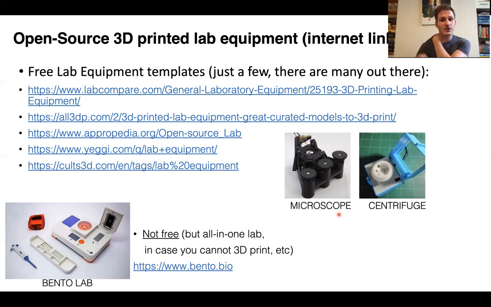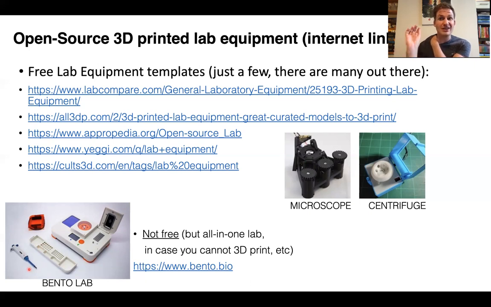getting very simple equipment. So I would recommend this Bento Lab. It's not free, but it's an all-in-one lab in case you can't do anything else, and that includes a thermocycler for PCR, or restriction digests for gene cloning, a centrifuge, UV transilluminator, and gel box for gel electrophoresis, and then a stand and a pipette.